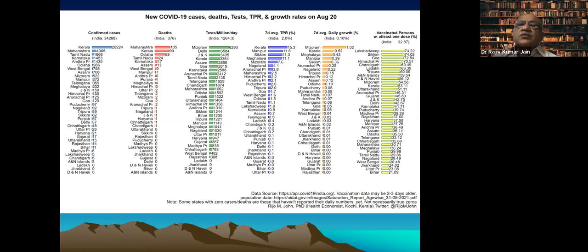In terms of confirmed cases, out of 34,000 cases reported yesterday, Kerala contributed more than 50%, 20,224. Maharashtra is number 2 rank, 4,003. Tamil Nadu, 3rd rank, 1,668. Karnataka, 4th rank, 1,453. Andhra Pradesh, 1,435. Odisha, 6th rank, 966. And West Bengal, 7th rank, 758 cases.